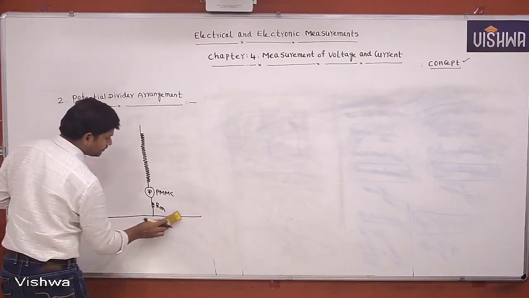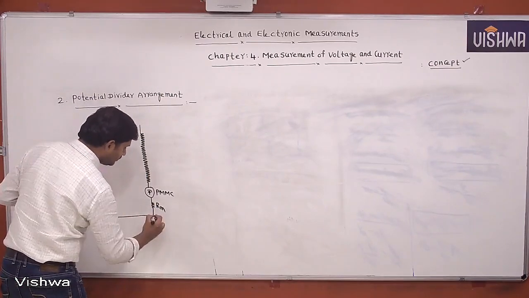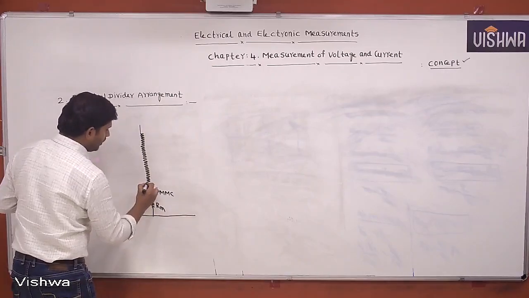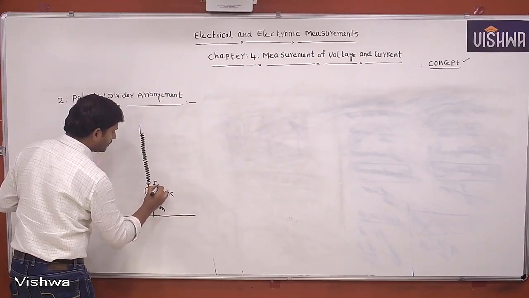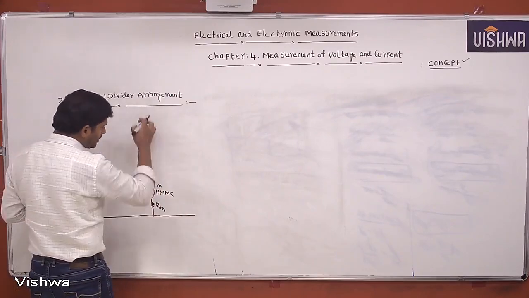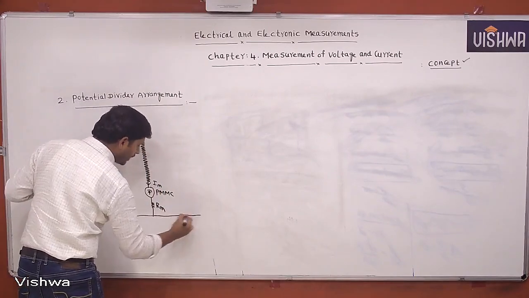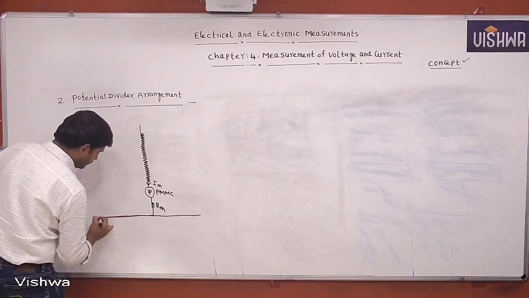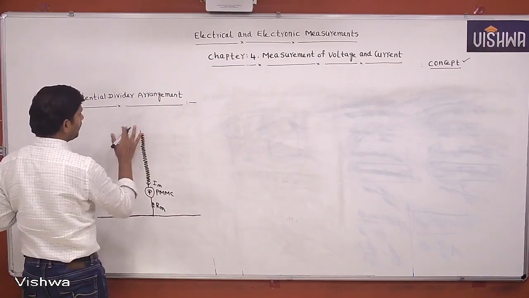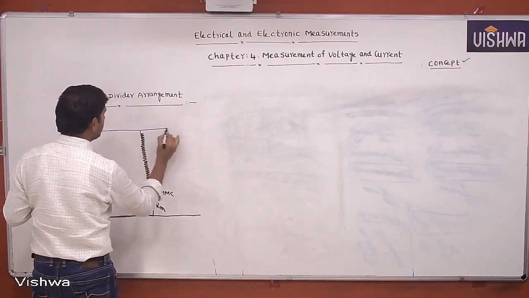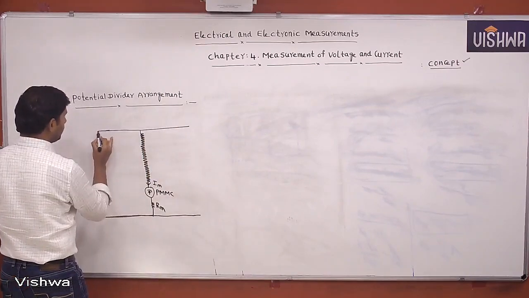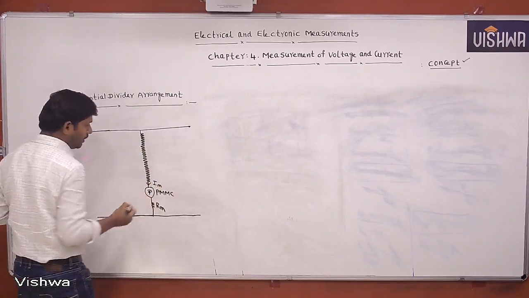The meter current is always Im, because it is a series, the current remains the same.